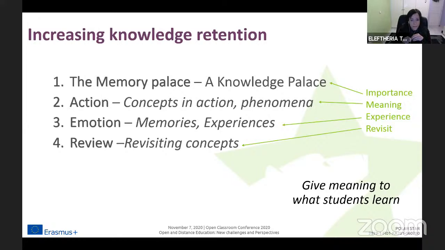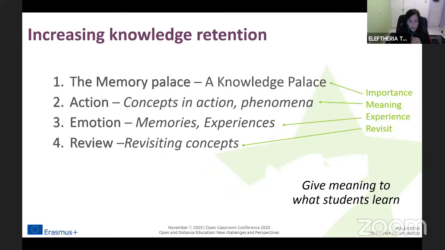It has to be meaningful for them. It has to be connected with their experience. And we have to keep revisiting the same concepts in order to increase knowledge retention. These are the four keywords, the four things that we want to do in order to increase knowledge retention.